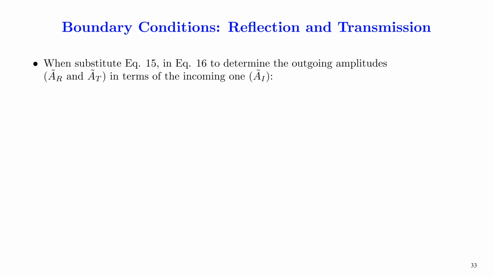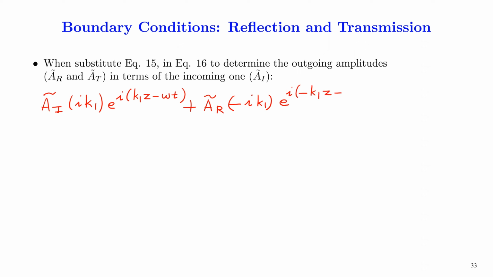We shall now substitute equation 15 in equation 16 to determine the outgoing amplitudes, that is AR and AT, in terms of the incoming one, that is AI. When we do that, we'll get Ai i k1 e raised to i(k1 z minus omega t) plus complex AR negative of i k1 e raised to i(negative k1 z minus omega t).